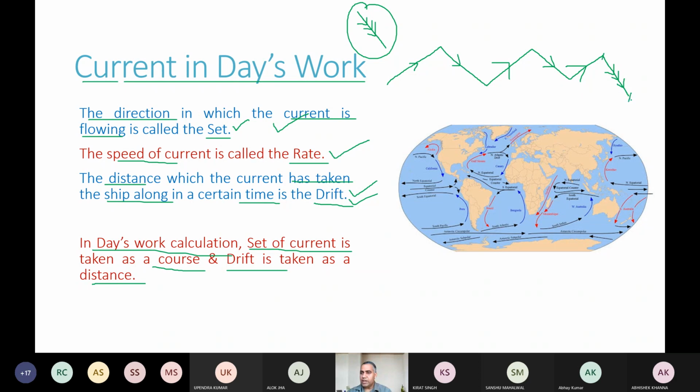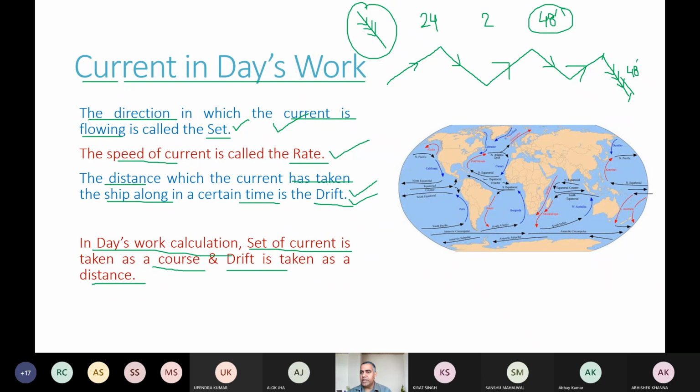The set of the current is taken as a course and the drift of the current for the full time interval. Let us say the current is applicable for 24 hours and the rate of the current is 2 knots, the drift will be 48 miles. So we will take the length of this vector as 48 miles.